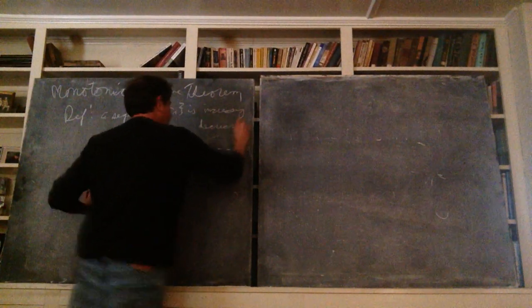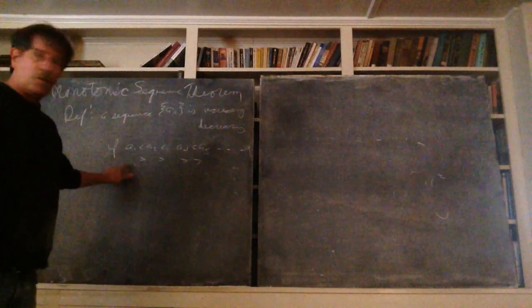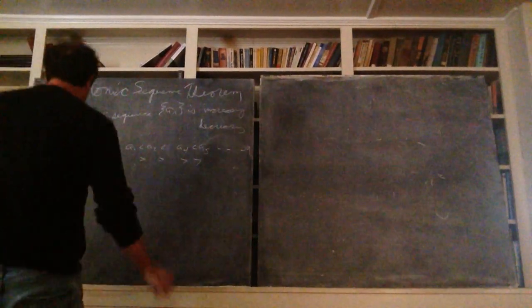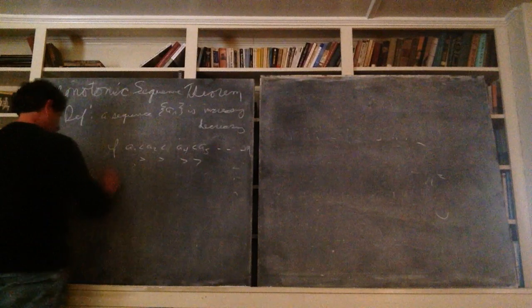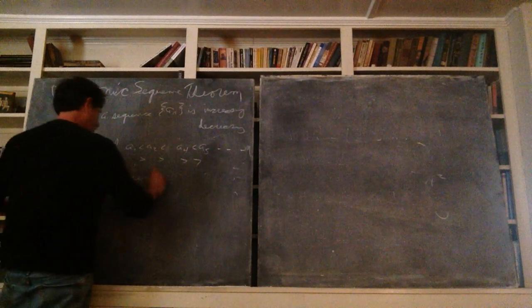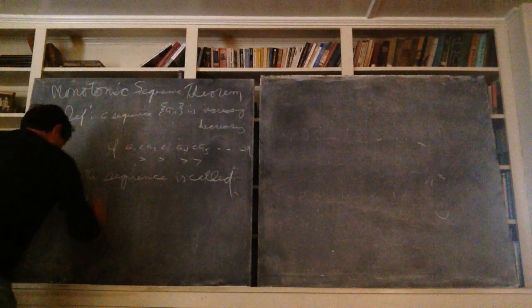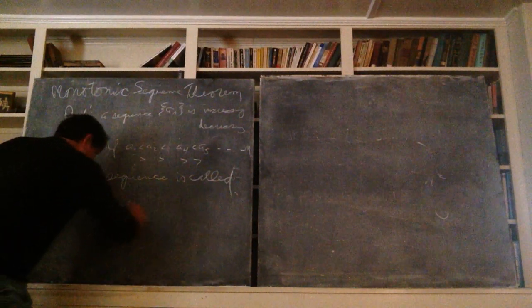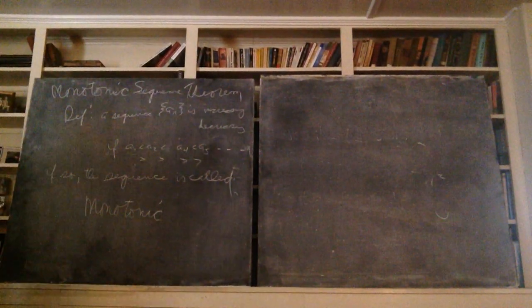If we reverse the signs, the smallest one is here. And if that's the case, the sequence is called monotonic. Increasing or decreasing sequences, what we call monotonic.